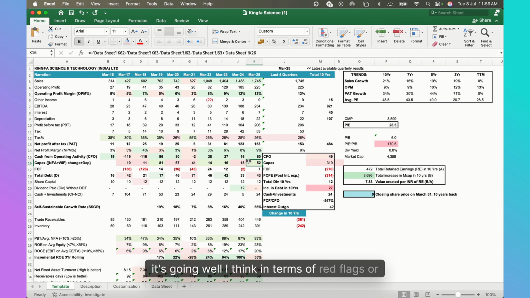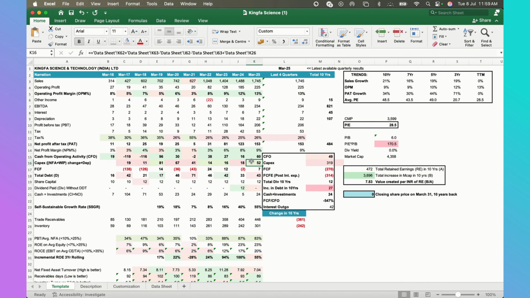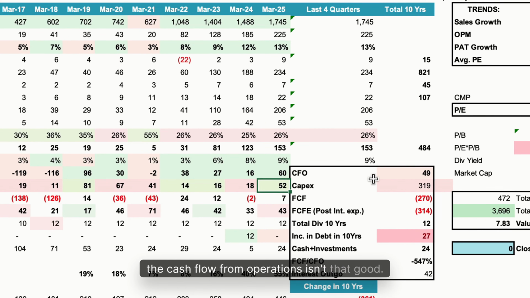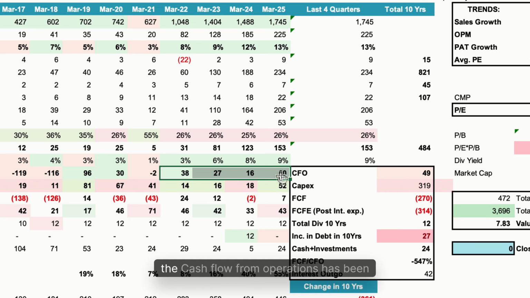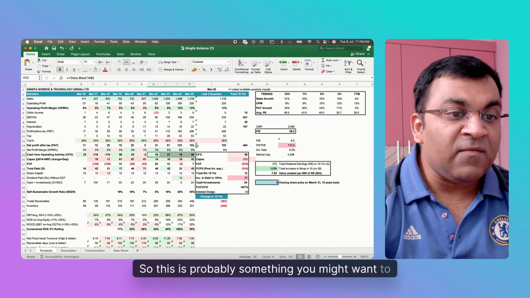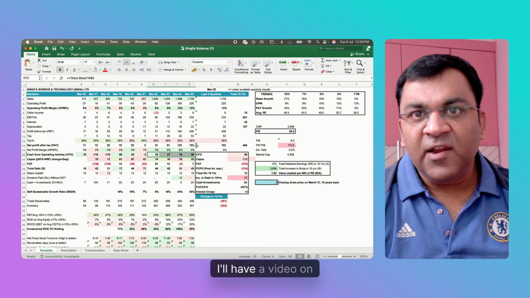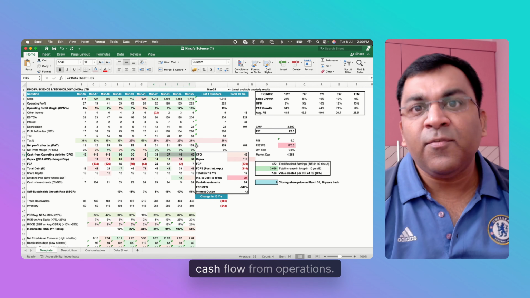I think in terms of red flags or yellow flags, the cash flow from operations isn't that good if you look at it over the last 10 years. But over the last 4 years, yes, the cash flow from operations has been pretty decent, though not as good as the net profits that they're generating. So this is probably something you might want to investigate. In fact, I'll have a video on cash flow from operations.